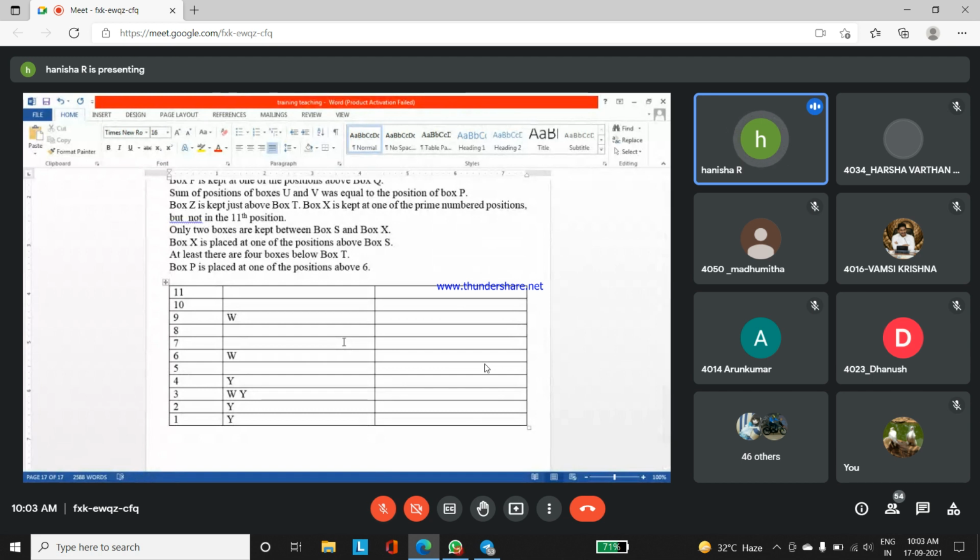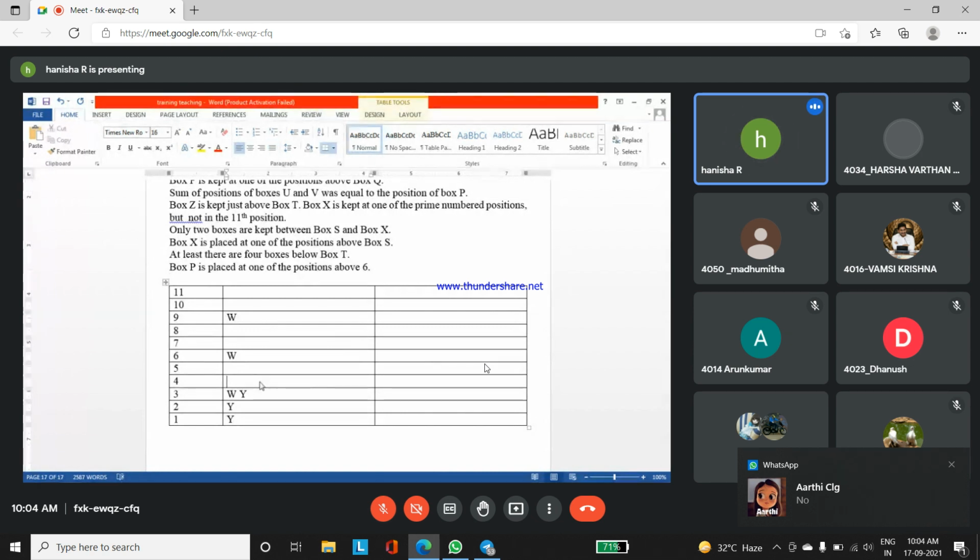So only at 1, 2 and 3 you can have box Y. Box 4 will not have Y. In these three cases, 1, 2 and 3, we must fix the position of box Y. We must fix that. So if box Y is present in the first position, obviously, as I said, W will be present at the third.